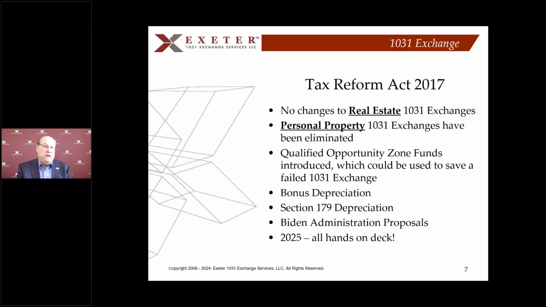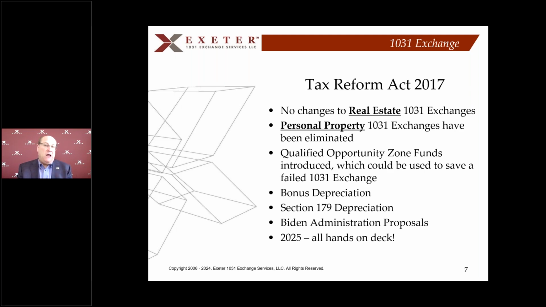And the big benefit there is the new investment inside the Qualified Opportunity Zone is tax-free after you've held it for 10 years. So the current tax will be due December 31st, 2026. A lot of the Qualified Opportunity Zone fund sponsors are planning a cash out refinance to help provide cash to pay the taxes with, and the new investment is tax-free. So that's really the big benefit there. It also rolled out bonus depreciation, Section 179 depreciation, expanded some of those programs, etc.